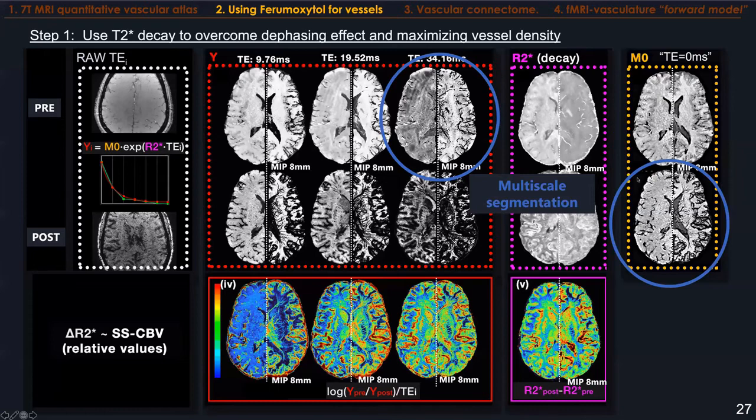But in our case, if you do this, you will get too much dephasing. So by fitting the curve and making a TE equals 0 millisecond image here, you get both worlds. You get a denoised image that will include some vessels that you see at the later TE. It's very similar to the low TE, as you can see here, but there are more vessels. So we will use the best images coming from both of the acquisitions to try to compare the segmentation.